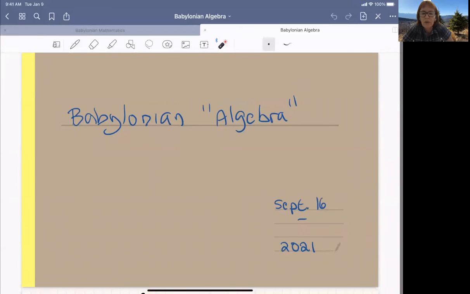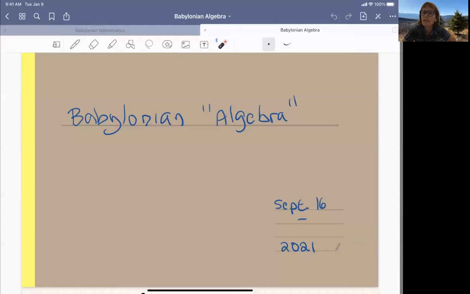Okay, so when I say Babylonian algebra, I put the word algebra in quotes because on the one hand, the problems that they're solving are just like problems that you solved in high school algebra. So they're very much algebra problems in that sense.